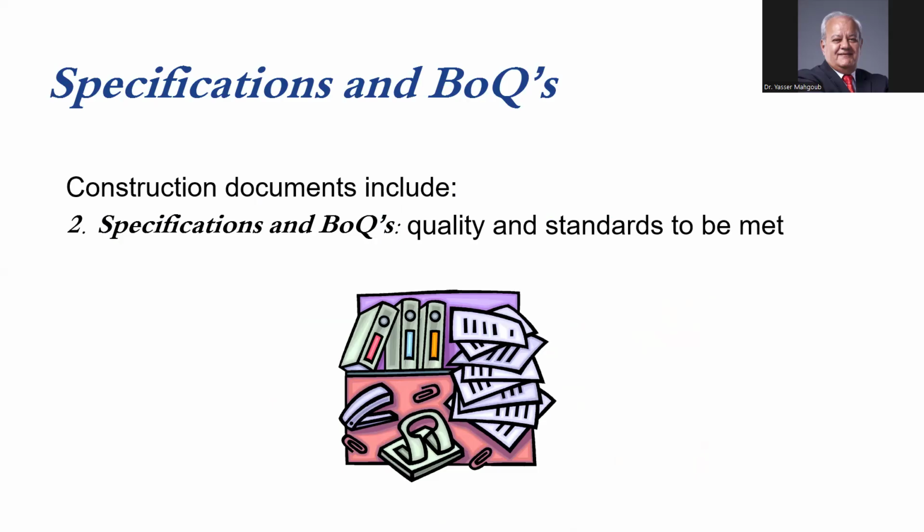This is a very important part, where you actually start to deal with the money, the cost of the project. So before asking for a cost, you have to tell the contractor what are the specifications of what you want.